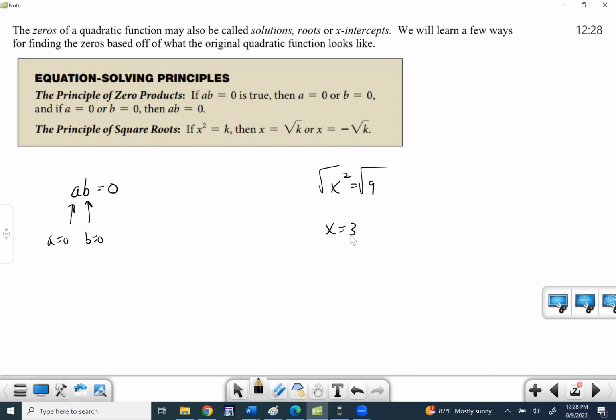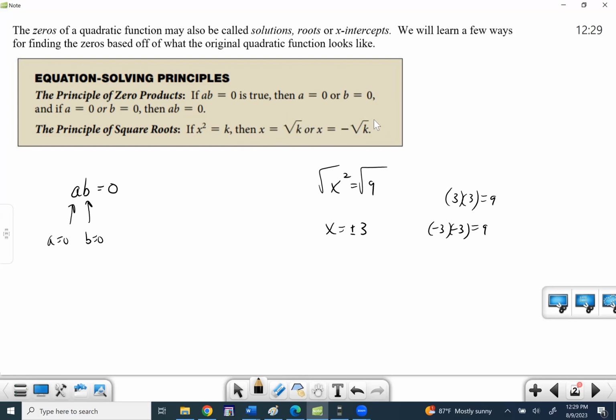Yes, 3 times 3 is 9, but we're missing a solution. -3 times -3 is also 9. So anytime you square root both sides of the equation, you've got to remember to put a plus or minus in front of it. And that's what they're saying here. It's either going to be root k or negative root k.